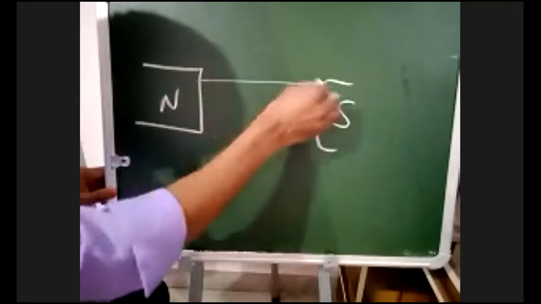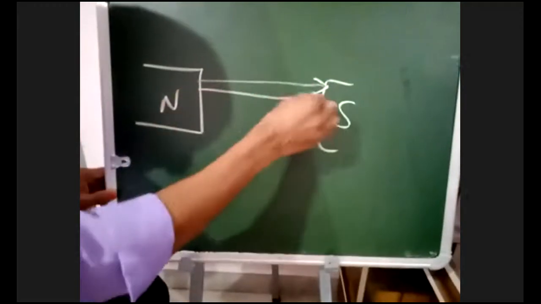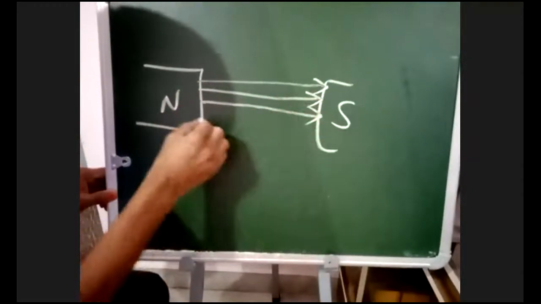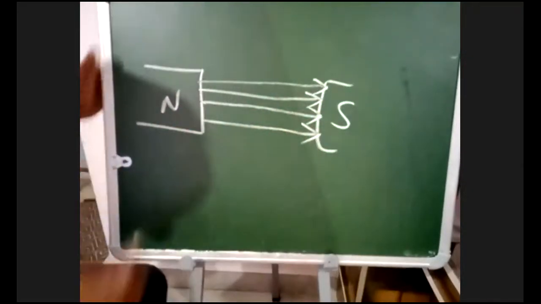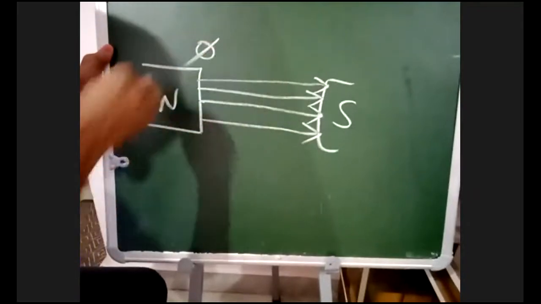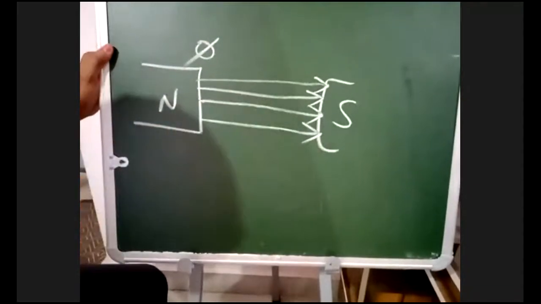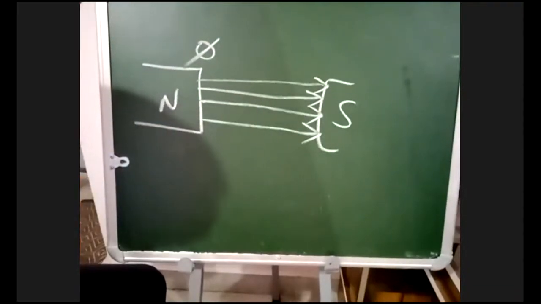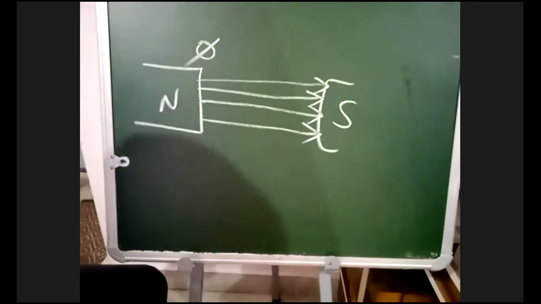Here, due to the magnets, there is magnetic flux. Magnets are also a magnetic quantity. Magnetic flux is moving from north pole to south pole. Now we have a magnetic field. From this magnetic field, I want to generate the electric quantity.